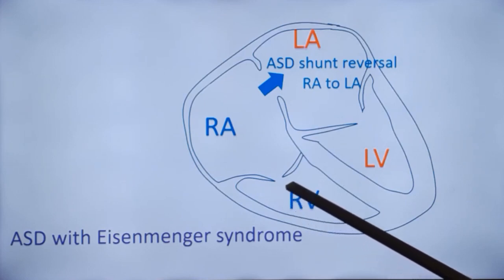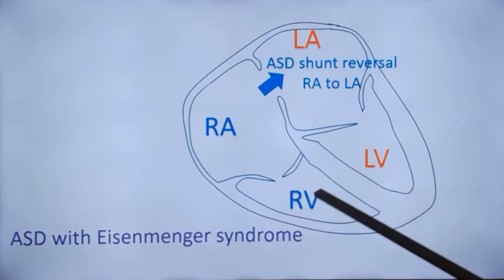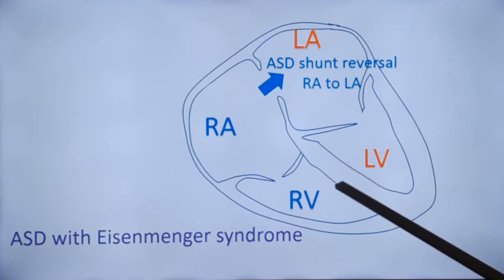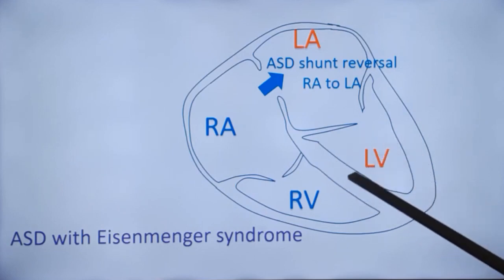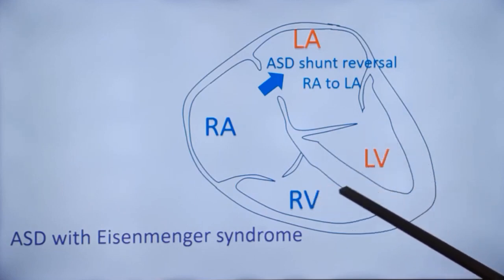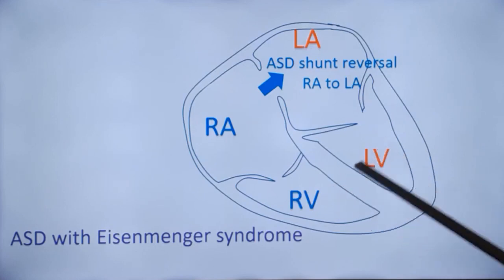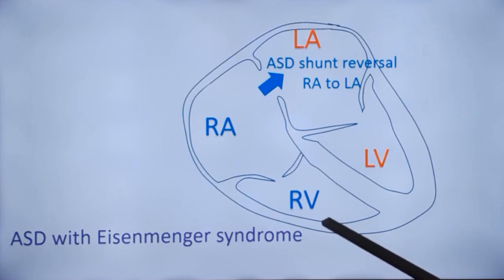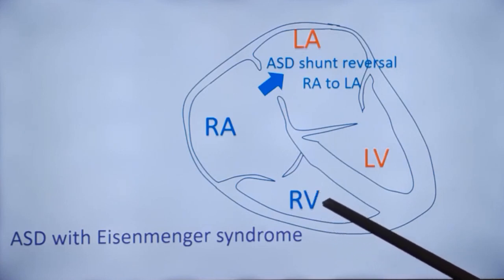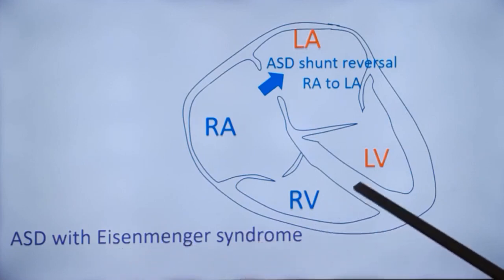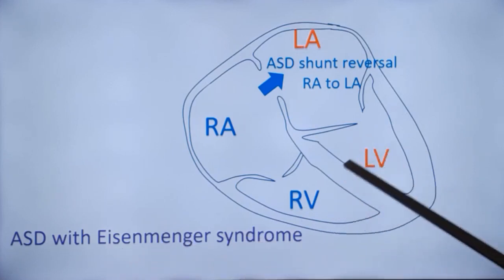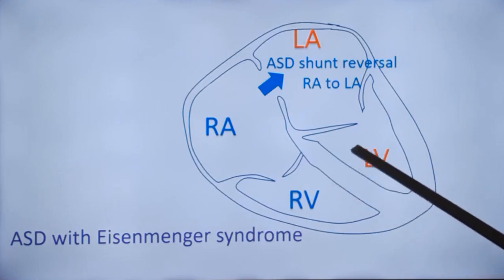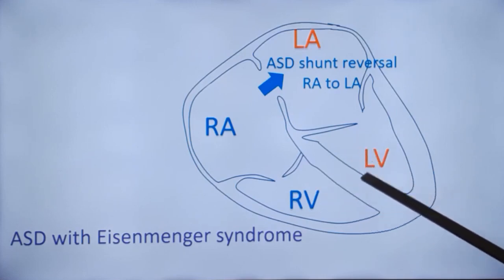Another important feature is that there is no connection between the ventricles or the pulmonary artery and the aorta. So pressures can go suprasystemic, that is, right ventricular pressure and pulmonary artery pressure can go suprasystemic in ASD Eisenmenger. While in VSD Eisenmenger, it does not go beyond systemic level because the large VSD equalizes pressures in the two ventricles.